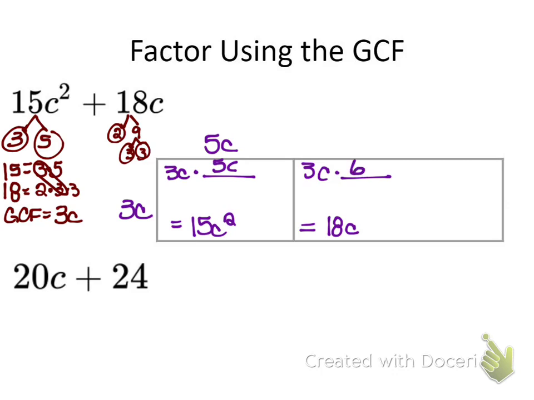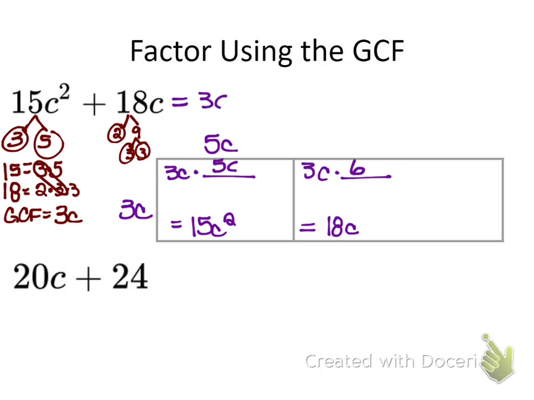Okay, now I'm ready to write my final answer. So I'm going to put equals. So the 15c squared plus 18c, we know that's my total area because it does not have parentheses. So if area equals, what do I write in for my final answer? What did I just find? The length and height. 3c.